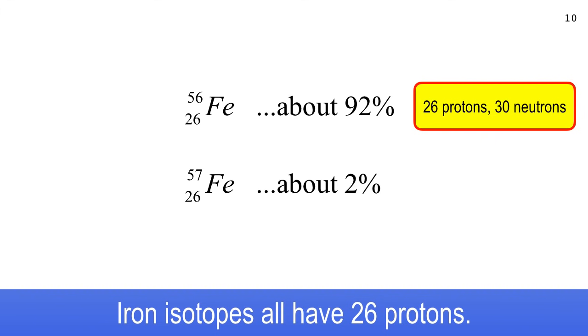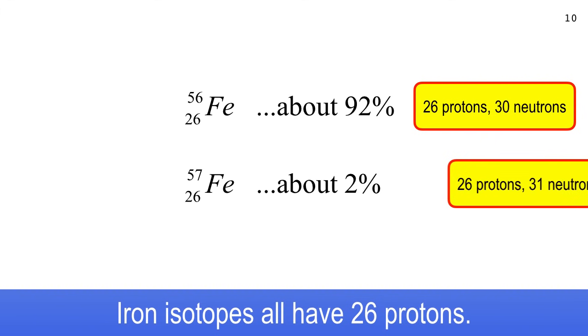But 57 tells you about the nucleus, so 57 nucleons, and this is about 2% of all the iron that we find here on Earth. So most of it's iron 56, very abundant, but there's a little bit of iron 57. And I want you to think, how many neutrons does that mean in the nucleus? 31, that's right, 31.